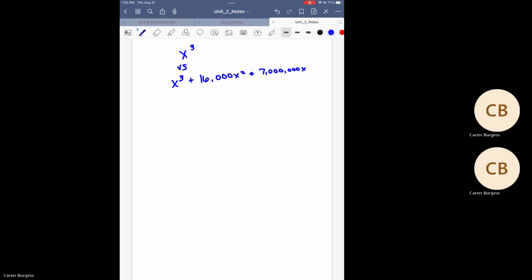And so the difference between like 4x cubed versus like 12,000 x cubed, we certainly would see that difference a lot for particularly small values of x. But for very large values of x, the difference between these two is not as consequential as you would think.